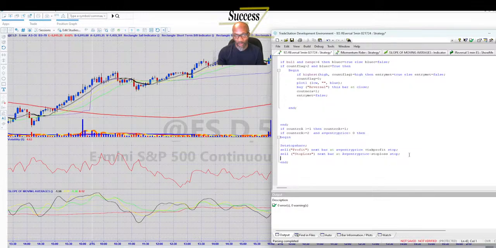And also, doesn't matter if we're in here or not, if the time is equal to 15:55, then sell end of day this bar at close. That way we get rid of all of our positions.